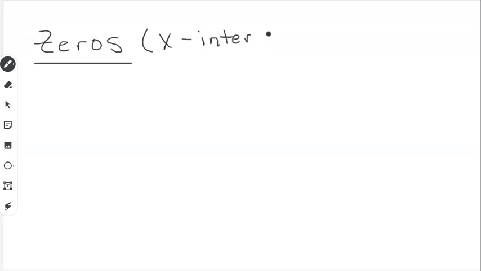Okay, so on this slide, I want to talk about zeros. Now, a zero is also known as an x-intercept. So let's talk about them. Finding zeros, also known as x-intercepts.